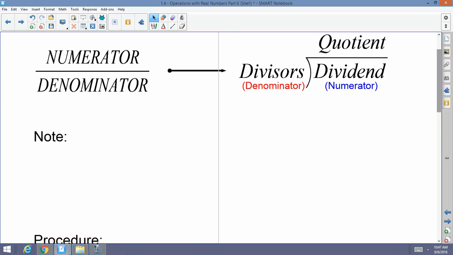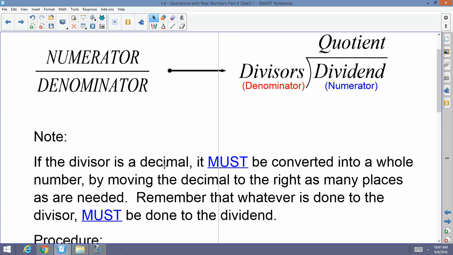Okay? Big note here. If the divisor is a decimal, so that means if your denominator, the one that's going to go on the outside, the divisor, is a decimal, it must be converted into a whole number by moving the decimal to the right as many places as are needed. But please remember that whatever you do to the denominator must be done to the numerator.